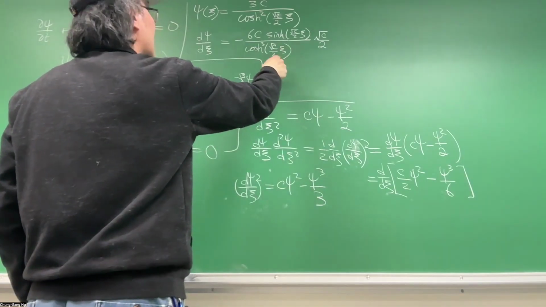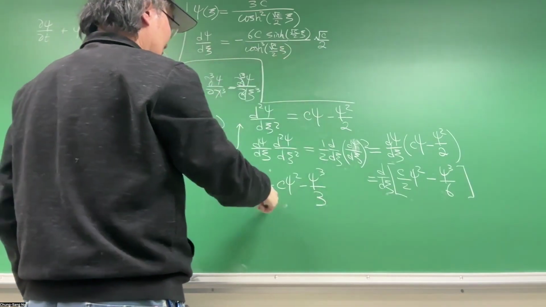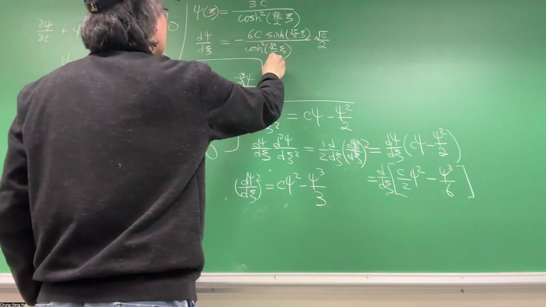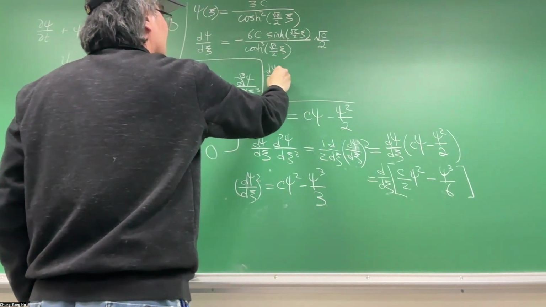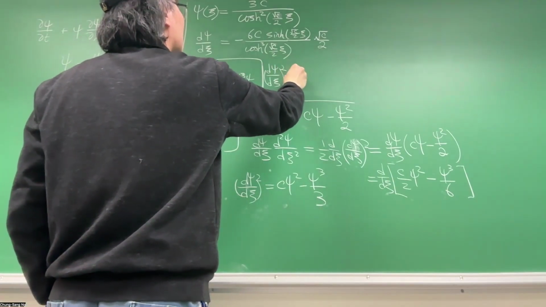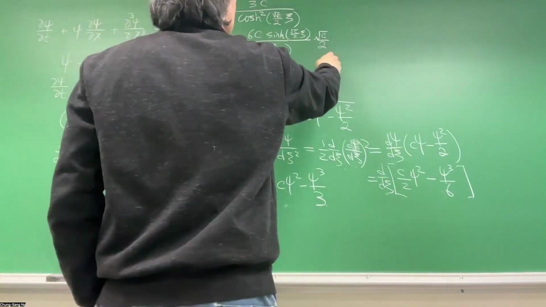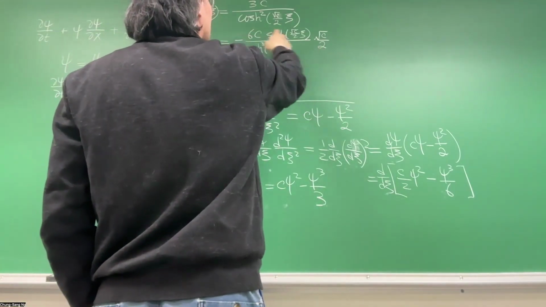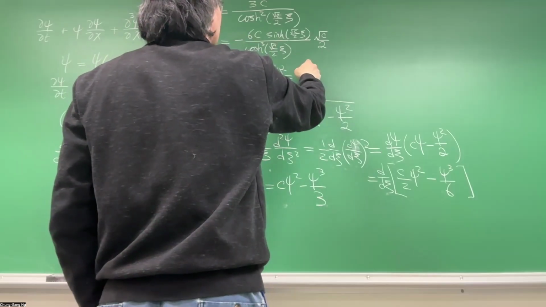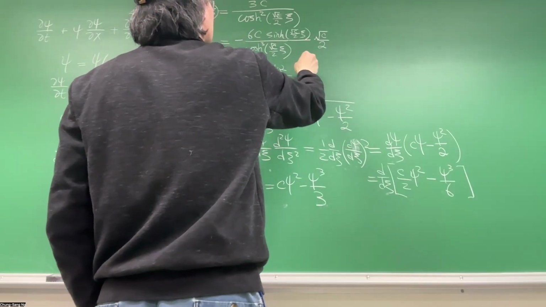And now we need the square of that. We need the square of that. The square equals, to cancel with that, 3, so 3 squared is 9.